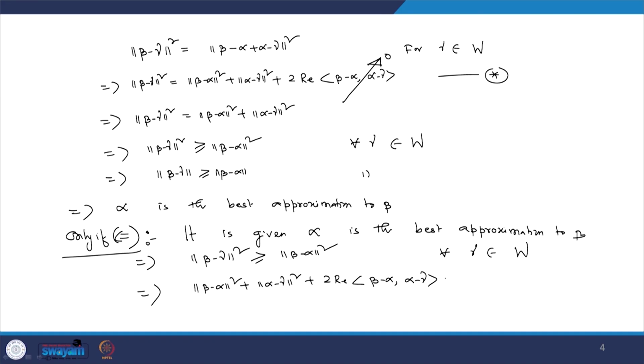So, this quantity is greater than or equal to norm of beta minus alpha whole square. So, this implies that norm of alpha minus gamma whole square plus 2 times the real component of inner product of beta minus alpha and alpha minus gamma is greater than or equal to 0. This is true for all gamma belonging to W, please.